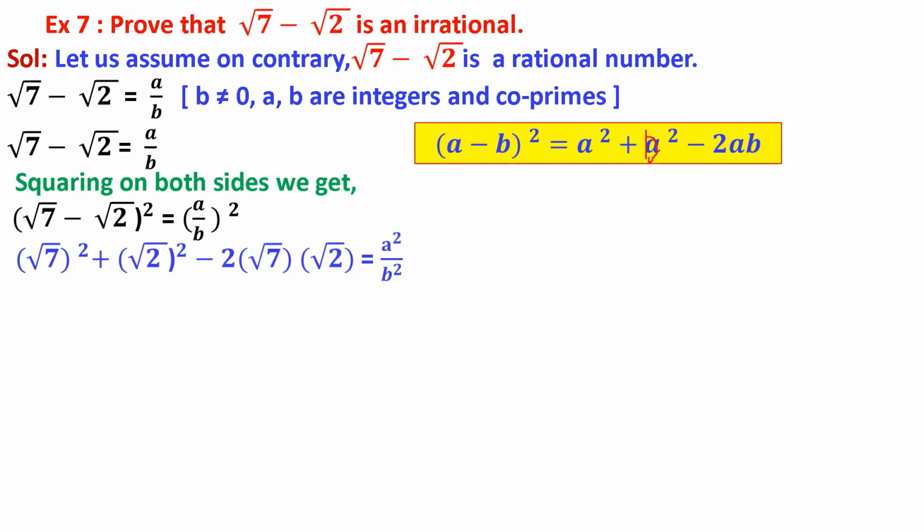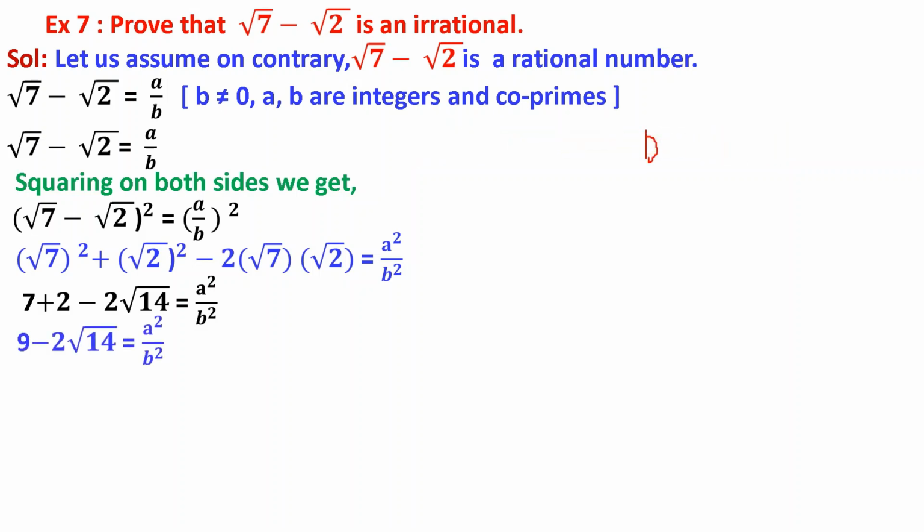Here a square is root 7 whole square plus root 2 whole square minus 2 root 7 into root 2 is equal to a square by b square. Root 7 square is 7 and root 2 square is 2, minus 2 root 14 is equal to a square by b square. Now we get 9 minus 2 root 14 is equal to a square by b square.